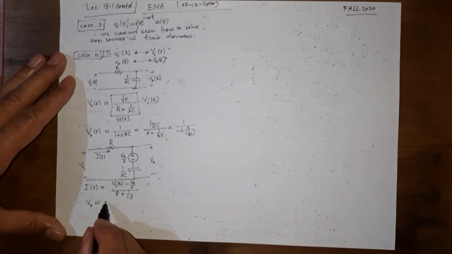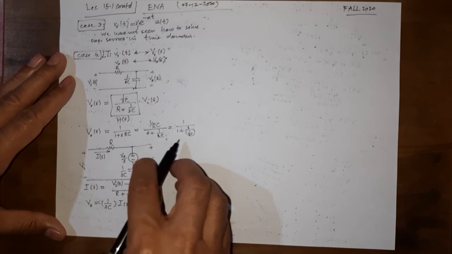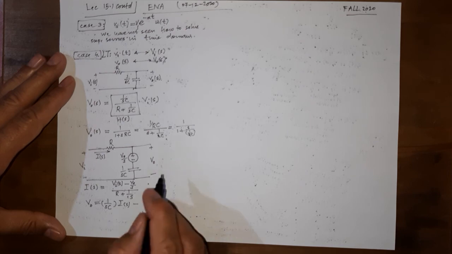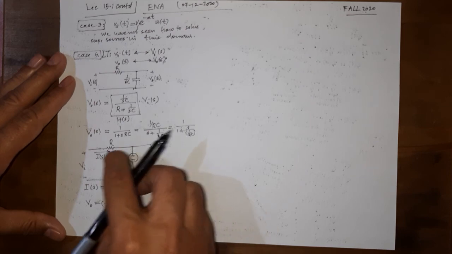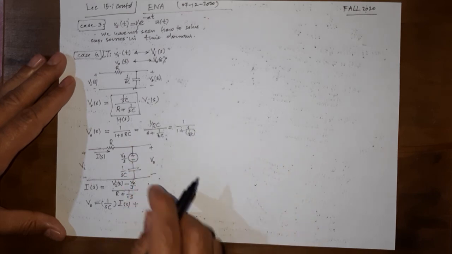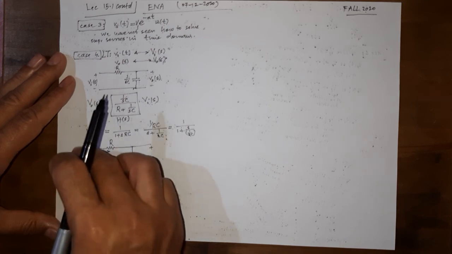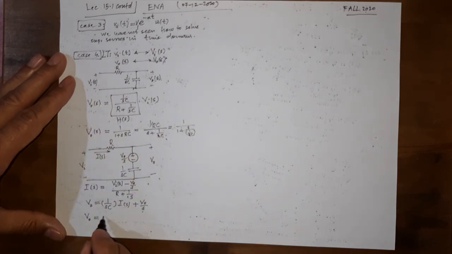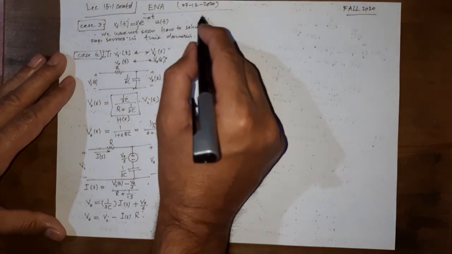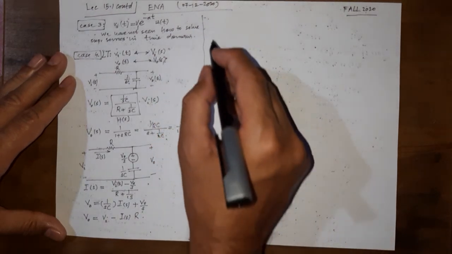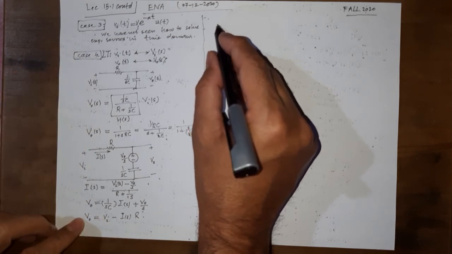It can be written as 1 over SC into I of S, the voltage across this capacitor in the frequency domain, and the positive of this source, because it is in the same polarity as this one, we are going to get V naught over S. Or we can also write Vo as Vi minus the drop across the resistor, so I of S into R. Whatever way, we can now put Is into this.